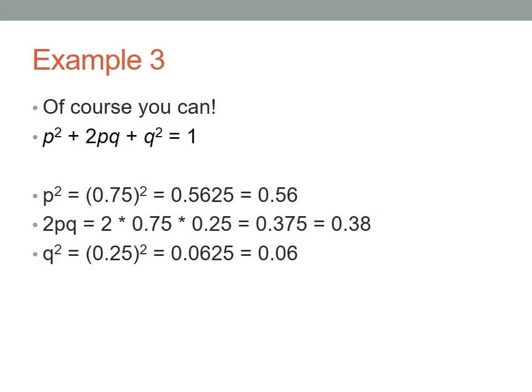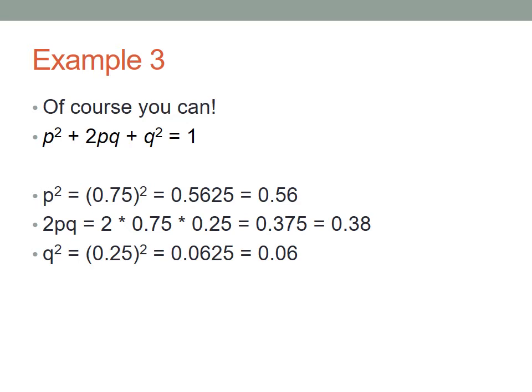And for us, we're going to count that as 0.56 because you can't have part of a frog in this. Your frogs are homozygous dominant, heterozygous, or homozygous recessive, not like a half of something. So we discover that our homozygous dominant, or our p squared, represents 0.56, or 56% of our population.